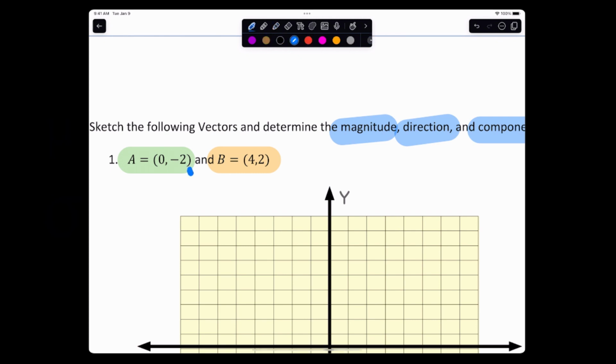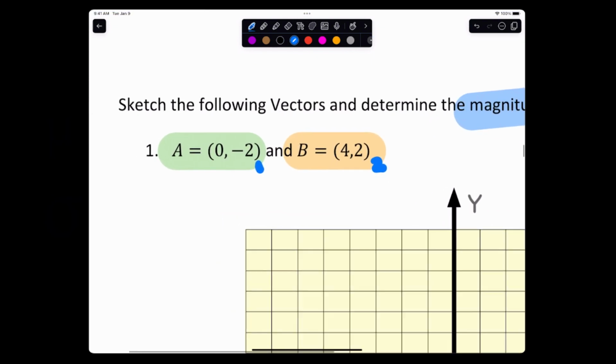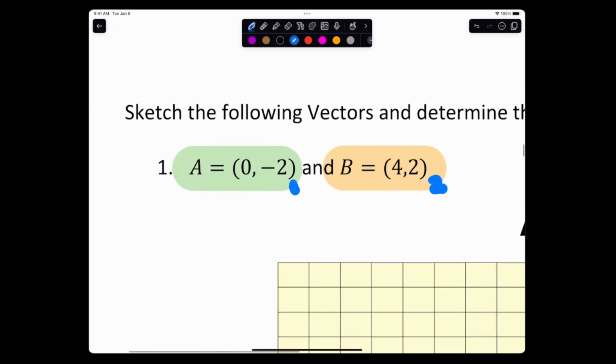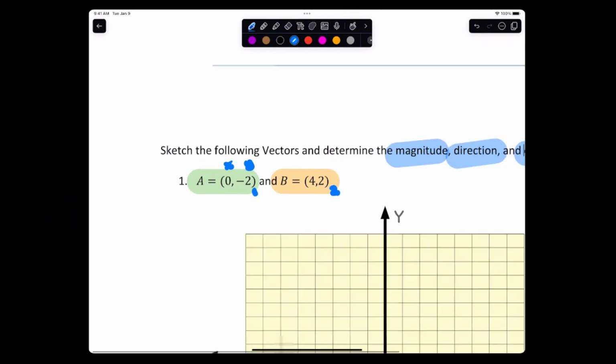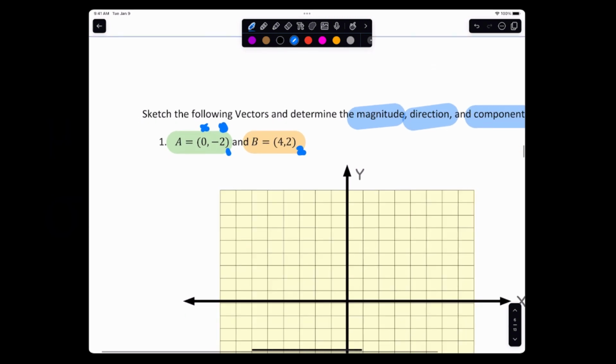So this is x1. This is point 1 and point 2. You guys okay with that? So you got the x coordinate and the y coordinate. So maybe you want to say x1 equals 0. Y1 is -2. I got the x coordinate.